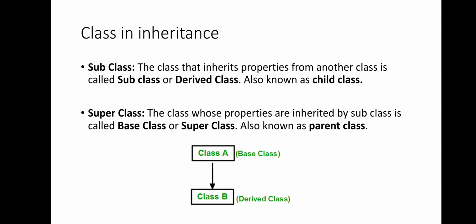Base class is the parent class from which the properties are inherited to another class called derived class. As shown in this figure, class A is a base class which gives its properties and characteristics to another class, that is class B, which is derived class.